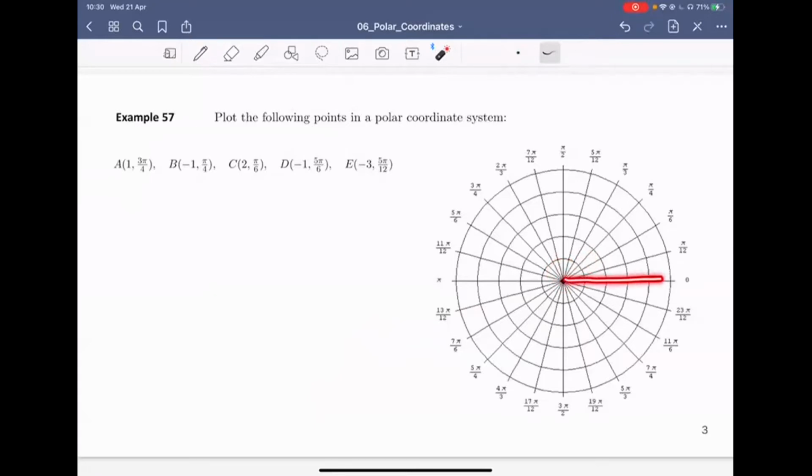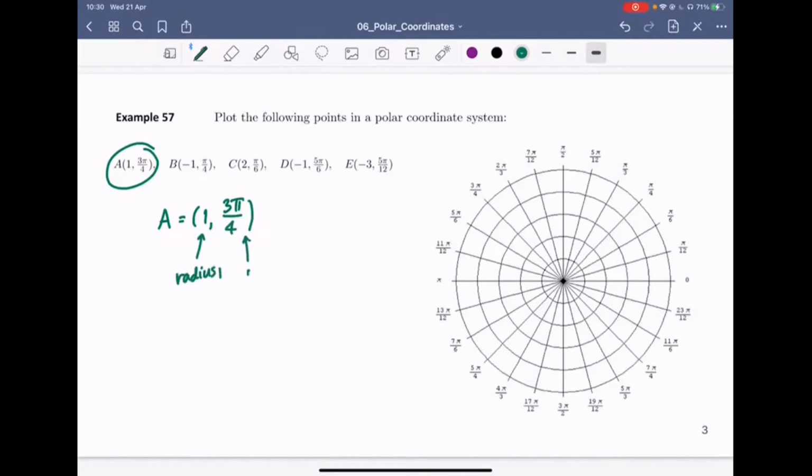The polar axis is here, and it is equivalent to theta equal to 0. If I want to plot points, let's start with A. If I have A at 1 and 3 pi over 4, in the plot you're going to have radius 1.